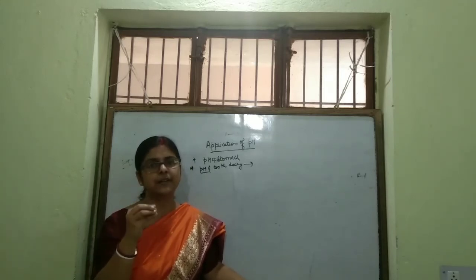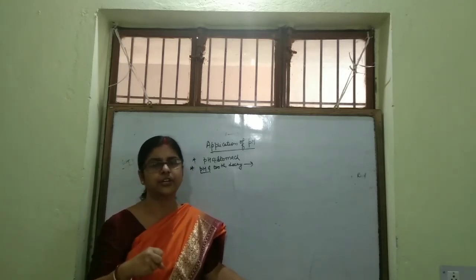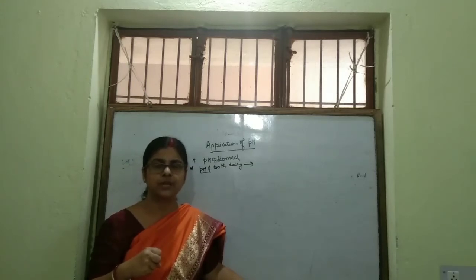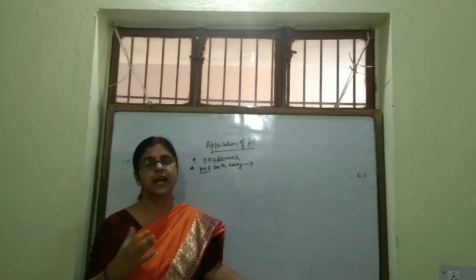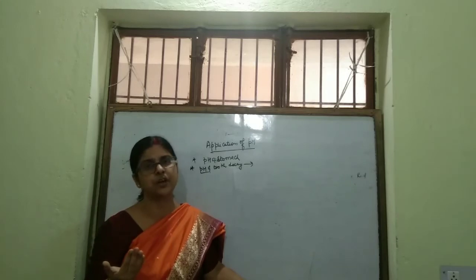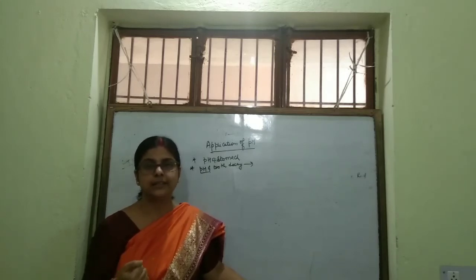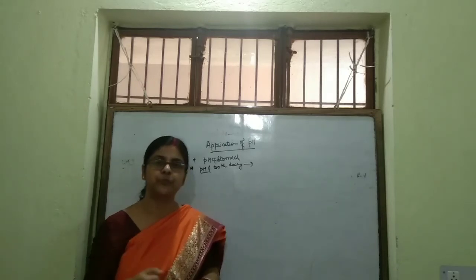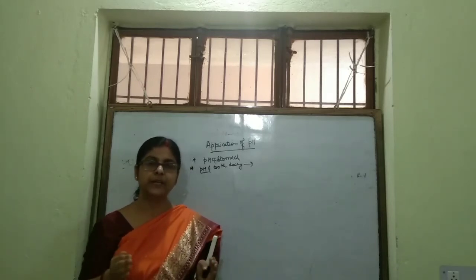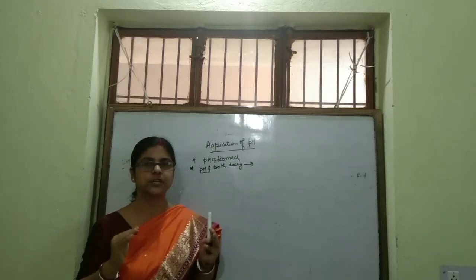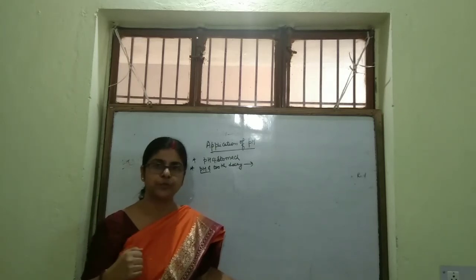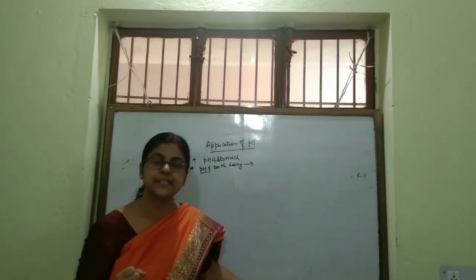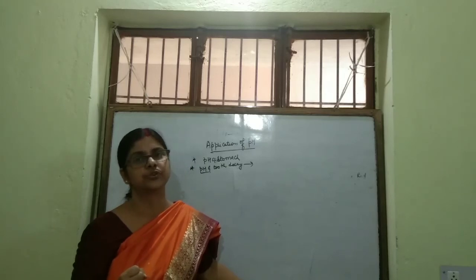The food particles remain inside your teeth for a long time and they get fermented and that results in the formation of acid, and the pH of our mouth decreases from 5.5. So that results in the decay of the tooth.